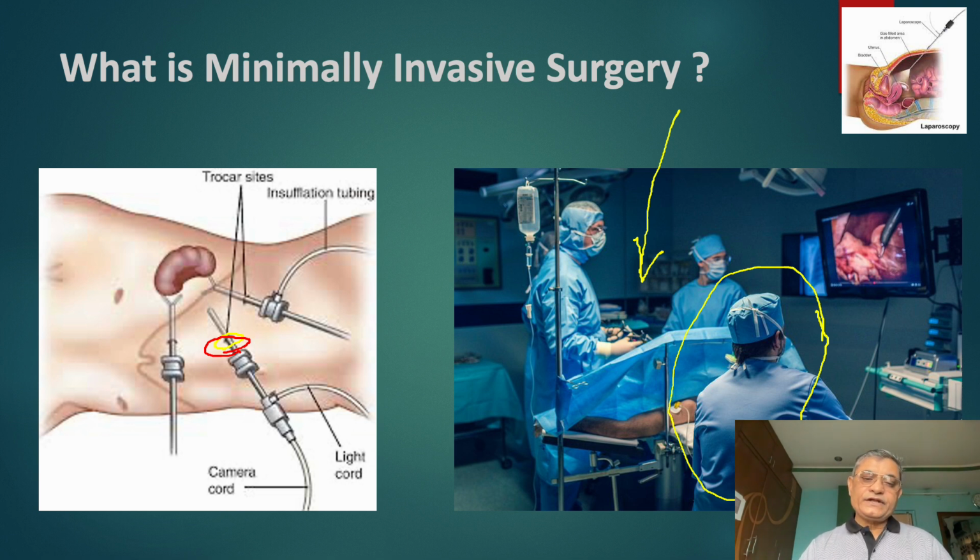After inflating the abdominal cavity, peritoneal cavity with carbon dioxide, he passes the camera. So this is the camera. Once he passes the camera, he can visualize the interior of the abdomen through the monitor.